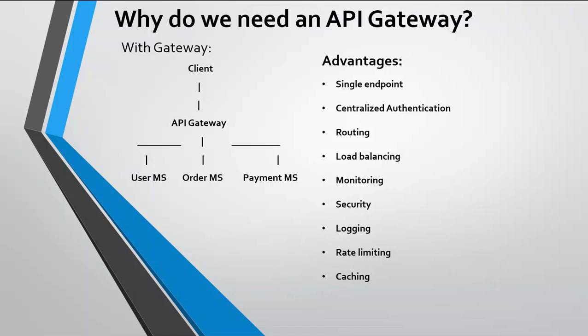A single endpoint: we will have only one endpoint, and from that endpoint the request will go to the other services. Authentication will be centralized, routing also will be there, load balancing will be there, monitoring will be there, security will be implemented in the gateway, logging will be in one place, rate limiting will be in one place, and we can also implement caching.